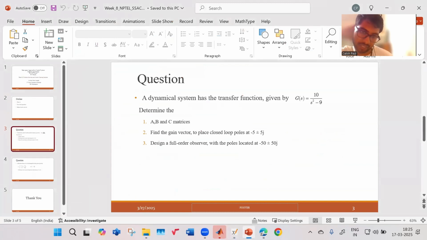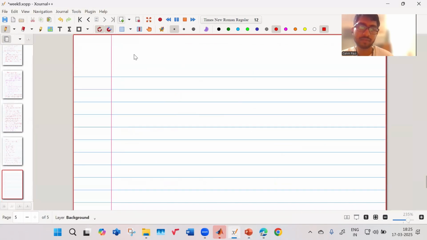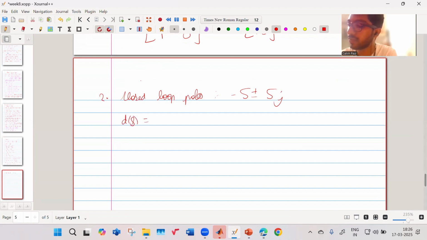Now we have to find the gain vector to place the closed loop poles at -5 plus or minus 5j. So the second part. The desired closed loop poles are actually (s plus 5 plus 5j) into (s plus 5 minus 5j).